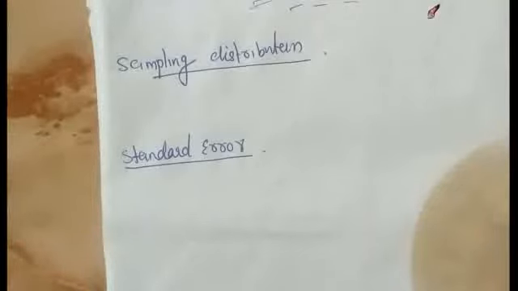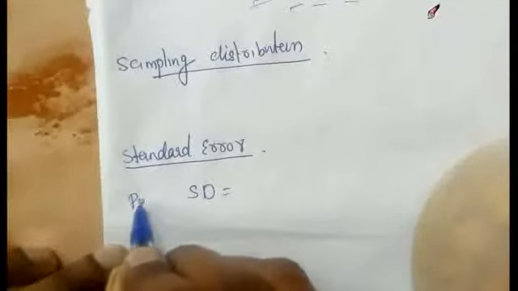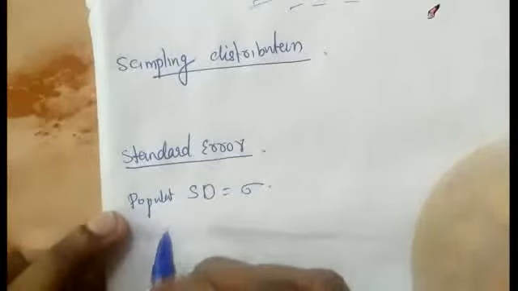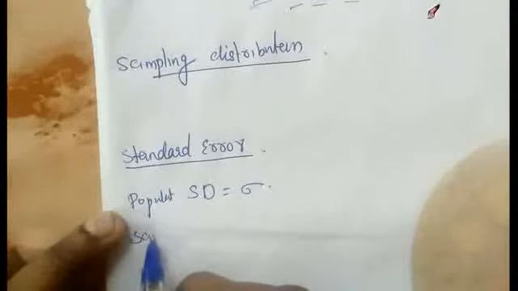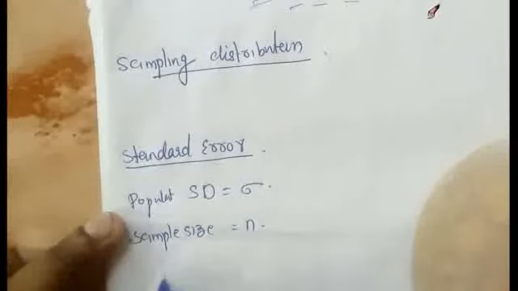The next term is standard error. The standard deviation of the sampling distribution is called the standard error. We have the population standard deviation sigma and the sample size n.